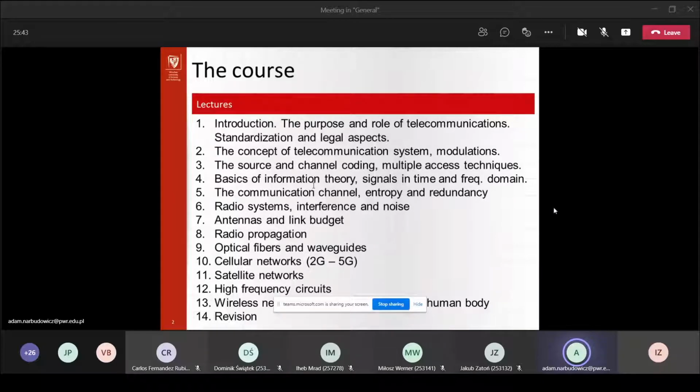So I believe it's useful to get a better understanding of how this works, how radio waves interact with the human body, and more importantly, what the standards and measures are that protect us from harmful behavior. And then I would like to finish, of course, with revision, which we plan to be directly before the final test.